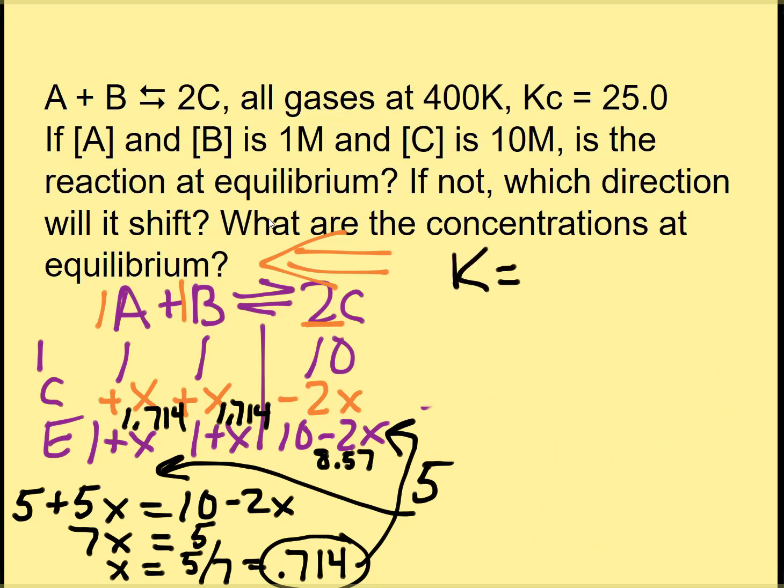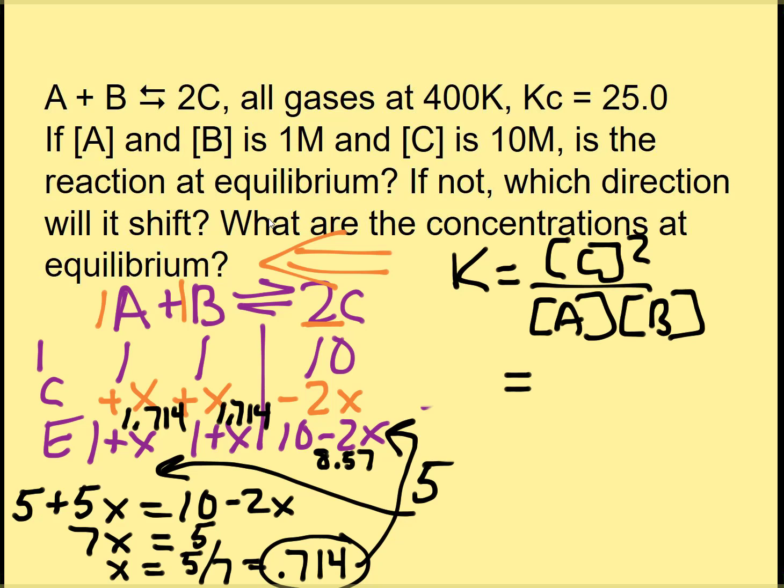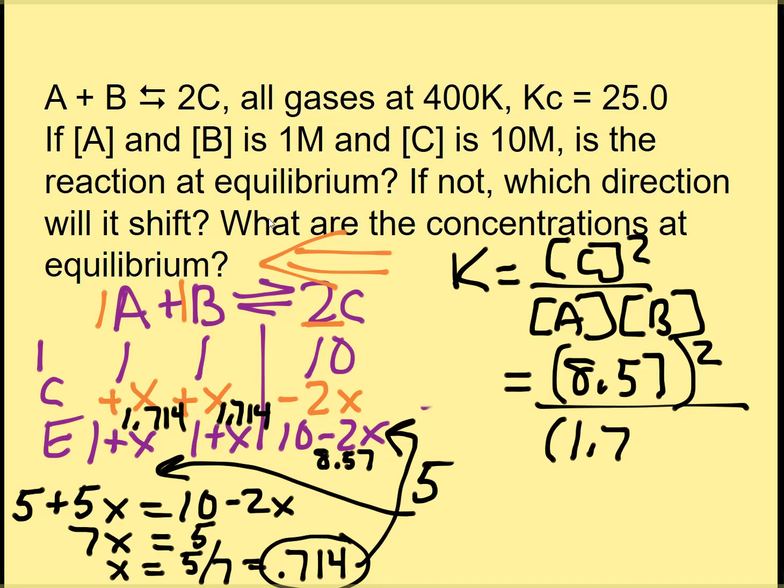So solving for my K, I'm going to get 8.57 squared over 1.714 squared. And I get 25. So that's our answer.